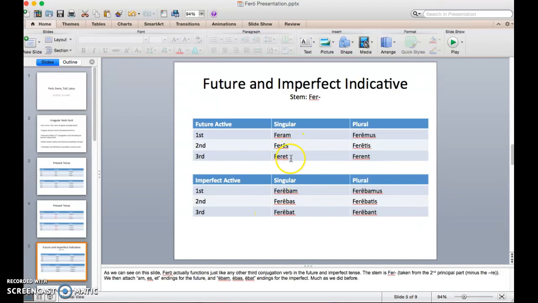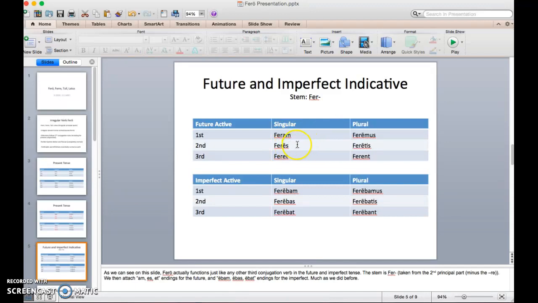And you may notice am, es, et for the future, just like the third conjugation, and ebam, ebas, ebat, ebamus, ebatis, ebant. Totally typical endings for the imperfect as well. All right, so those are very typical, just like when we saw volam, voles, volet: I will want, you will want, he, she, it will want. Here with fero, to bear, to carry.